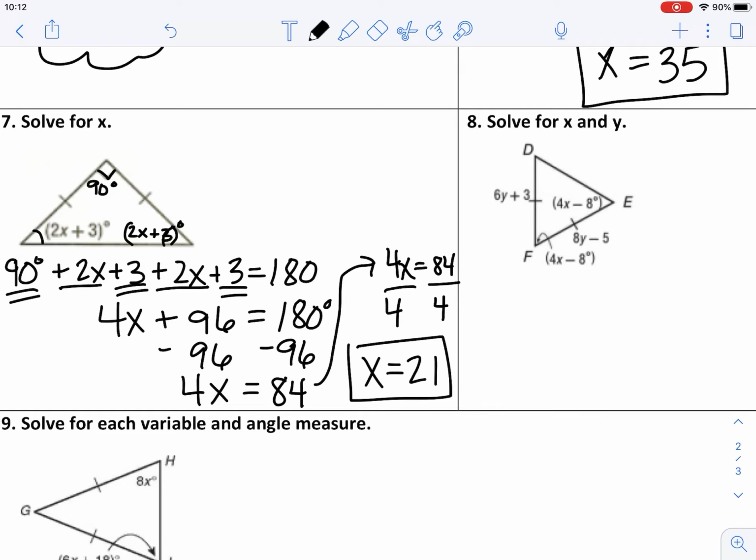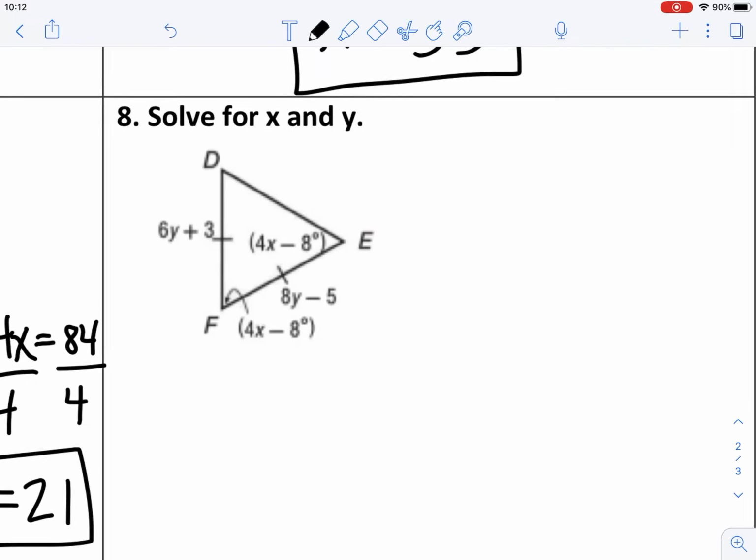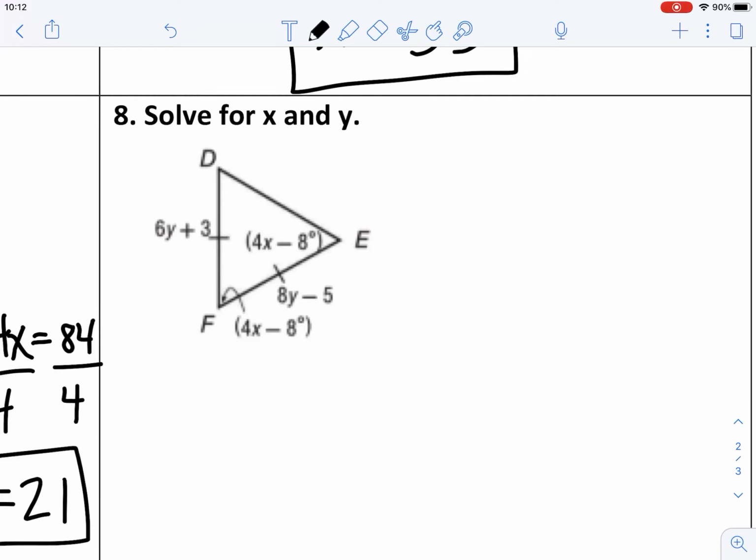All right. Now, for number 8, we've got a lot going on here, but let's notice that our triangle is situated such that the bottom and the left sides are my congruent sides. FE is congruent to FD.